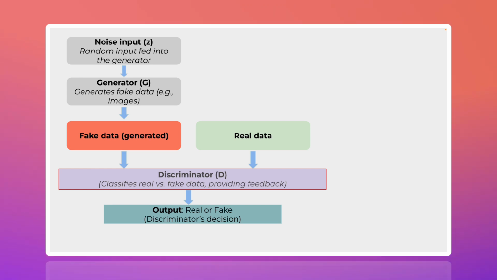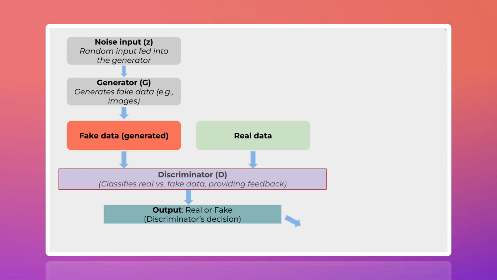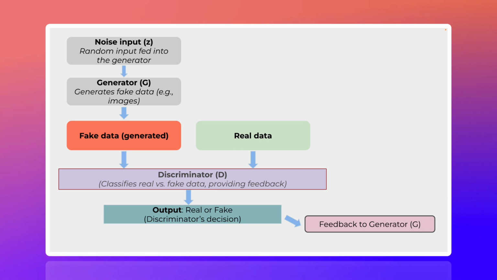The beauty here is that there is a process that goes in as a loop. There's the feedback to the generator. The output is fed back to the generator to create fake data, and the real data is still there and goes through the process.